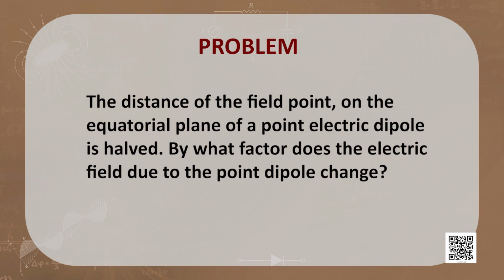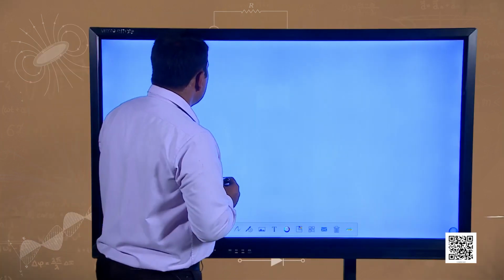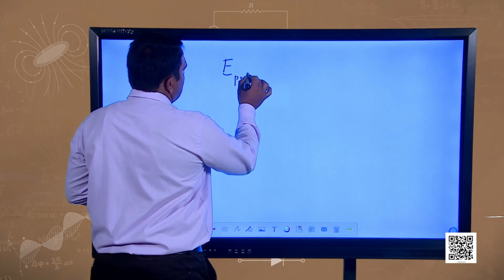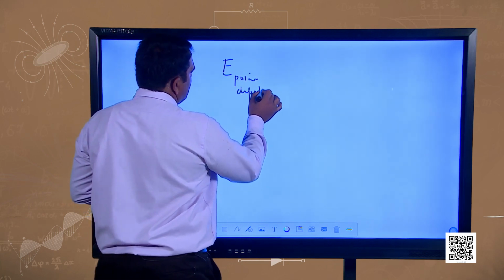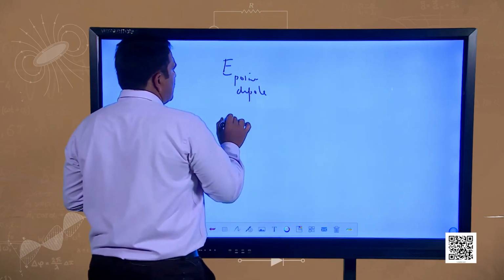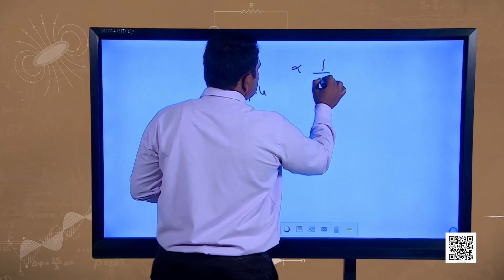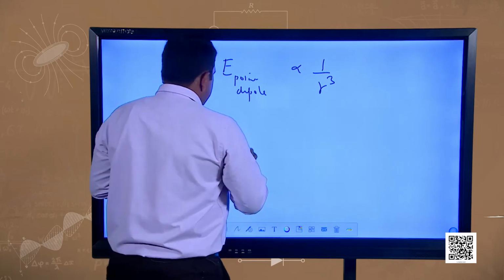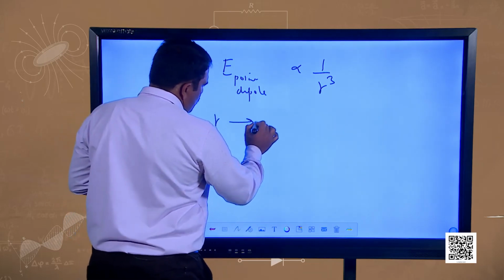The distance of the field point on the equatorial plane of a point electric dipole is halved. By what factor does the electric field due to the point dipole change? Now, we know that electric field due to a point dipole on equatorial line or axial line is inversely proportional to r cube. In the given question, r changes to r by 2.